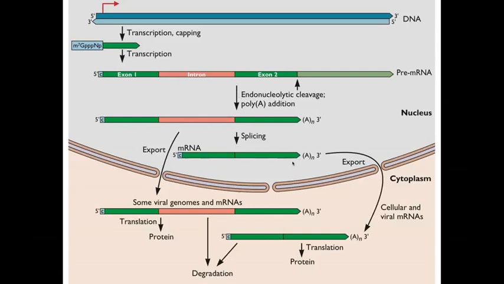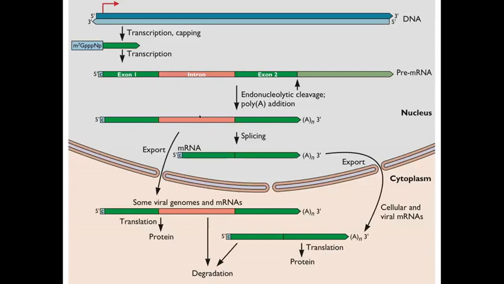The 3' end of the mRNA is also polyadenylated, that is, a stretch of poly A residues is added. And then finally, the mature RNA is exported from the nucleus. Eventually, of course, those mRNAs are used to make proteins by the process of translation, and eventually they're degraded. All mRNAs eventually will be degraded, and how long that takes depends on the specific mRNA.